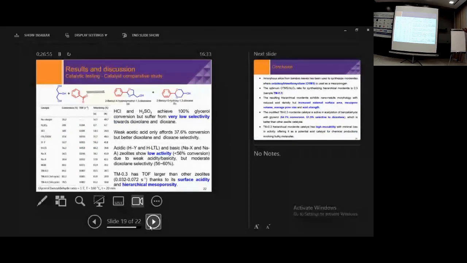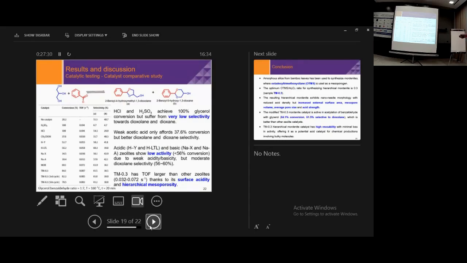We also performed the catalyst comparative study for this reaction, where we use homogeneous catalyst and other zeolite catalyst for comparison. Basically, for the strong homogeneous catalyst like hydrochloric acid and sulfuric acid, concentrated sulfuric acid, they give 100% of glycerol conversion, but the selectivity towards dioxolate and dioxane is very low.